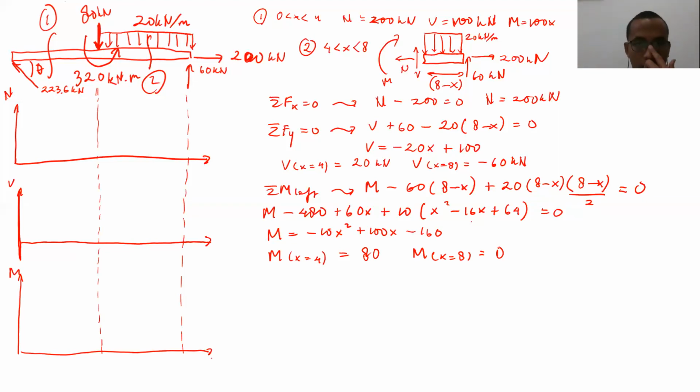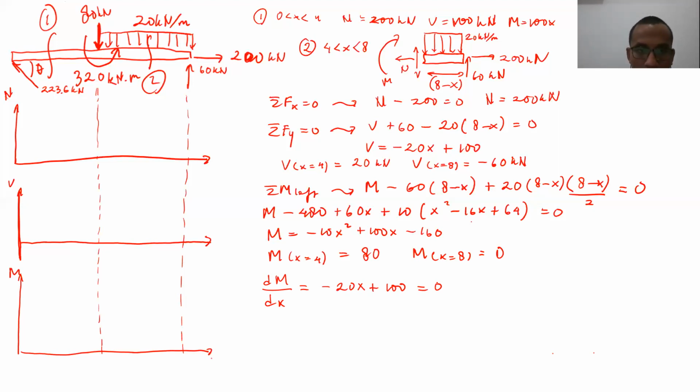Then, in order to know the correct diagram, I need to know the maximum moment as well. So in order to find that, I will use the first derivative of the moment equal to 0, because the gradient equal to 0 is the maximum or the minimum point.